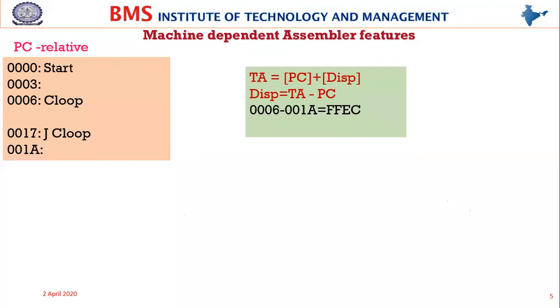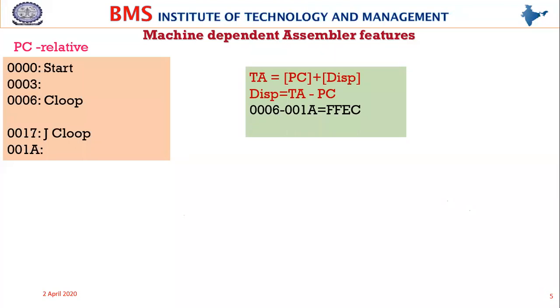So we got the displacement as FFEC, which is a negative value. We are supposed to jump back, and all calculations are hexadecimal calculations. Please remember, you are supposed to use your calculators in hexadecimal mode to do the subtraction. Please don't do the decimal calculations, or else you'll end up with wrong displacement values. You should be careful about that.